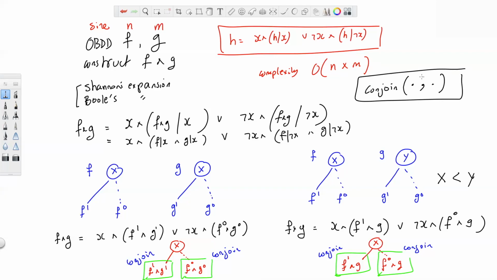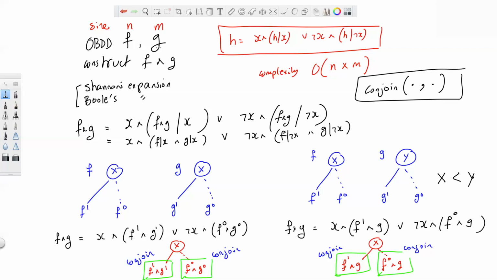The main observation is the first argument is always a node in the first OBDD, and the argument here is always a node in the second OBDD. Look at the recursions, right? This guy here is always a node in the original OBDD F, and this second argument is always a node in the second OBDD G. Therefore, how many distinct recursive calls can I get based on the identity of their arguments? N times M. And the idea is, if you run the algorithm as I just told you, some of these recursive calls may be made more than once, repeatedly.